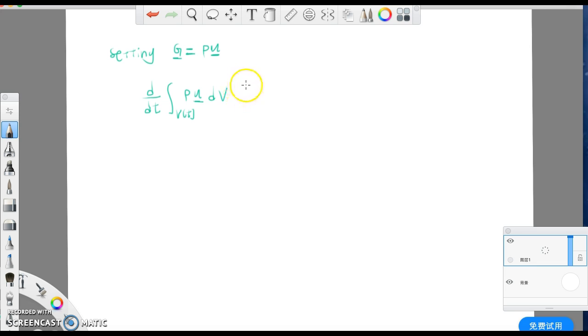And then the right-hand side equals the bracket d rho u by dt, right? And normally if you think naively, then that's just dV and it's done, right?